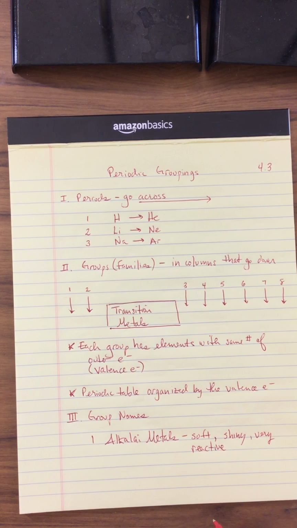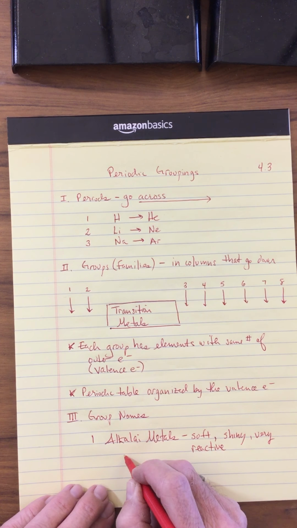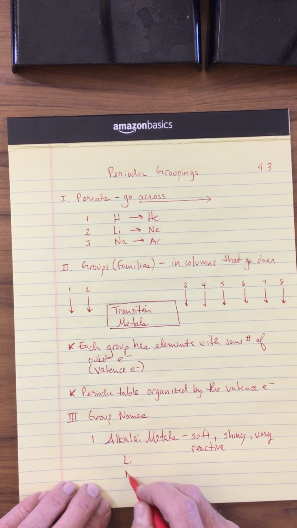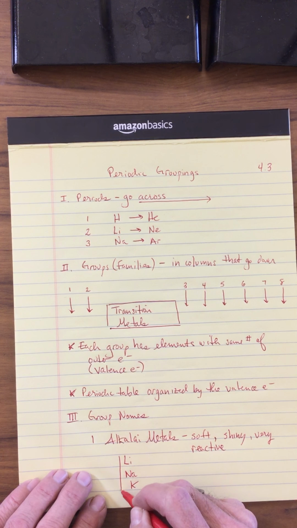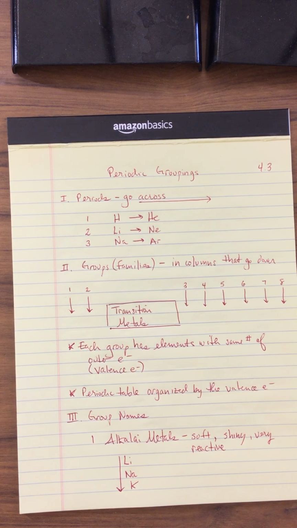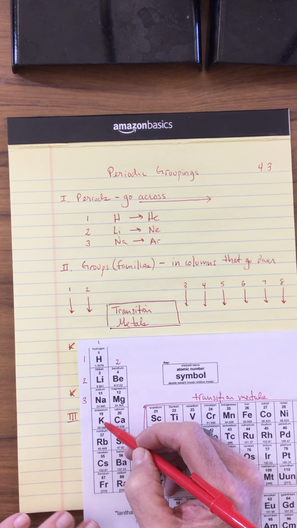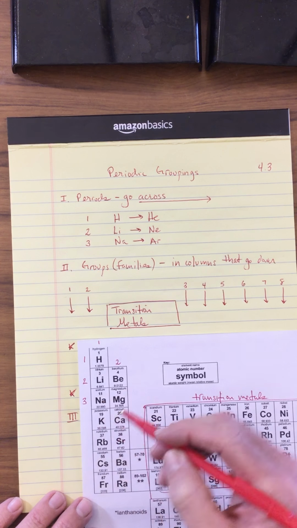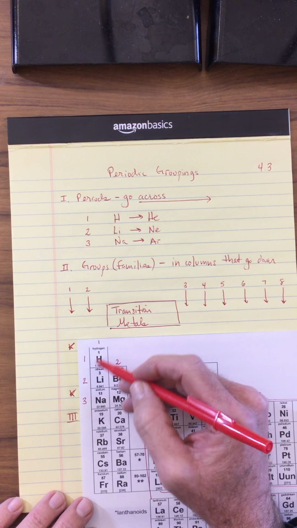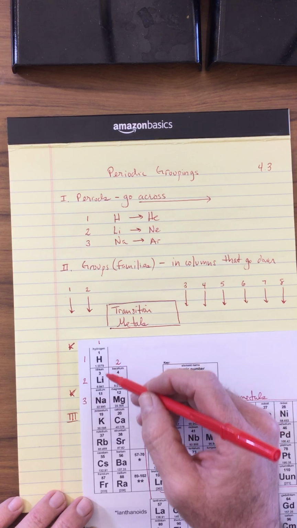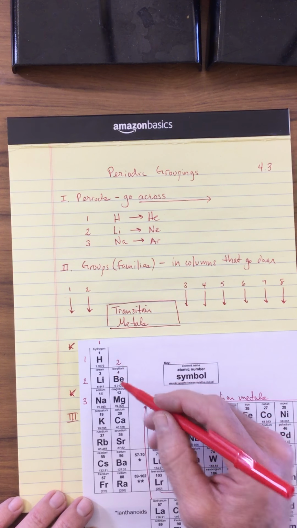Okay, so the alkali metals are going to be lithium, sodium, and potassium. And again, this is going down the chart. So if we take a look at this, we have lithium, sodium, and potassium. Hydrogen is not a metal. Hydrogen is a gas. So it is a group 1, but it is not an alkali metal.